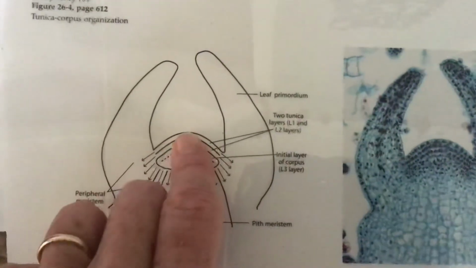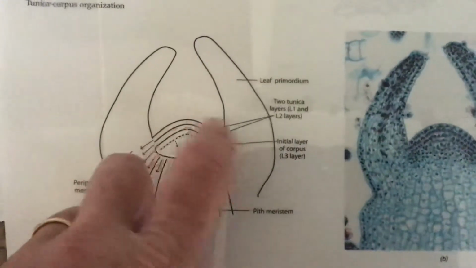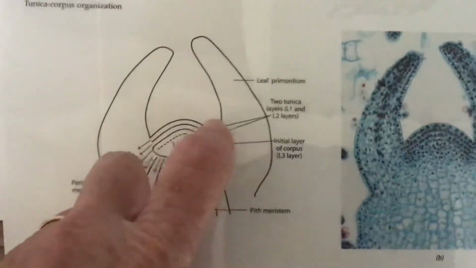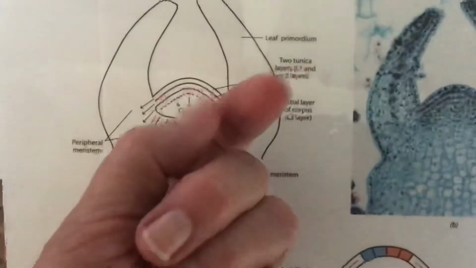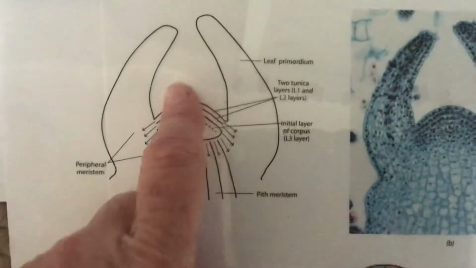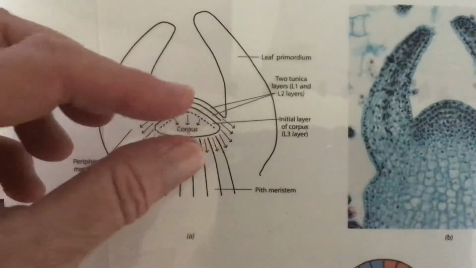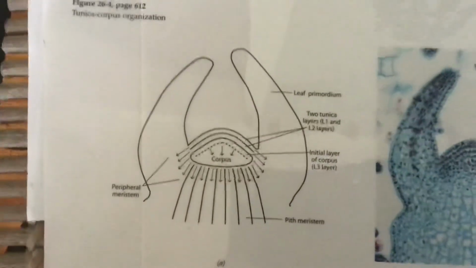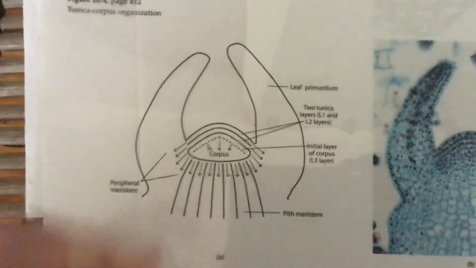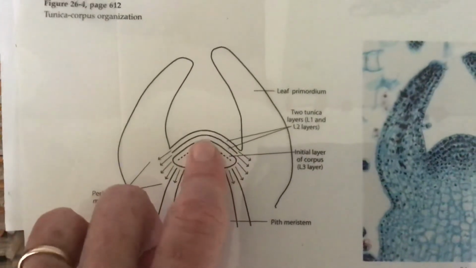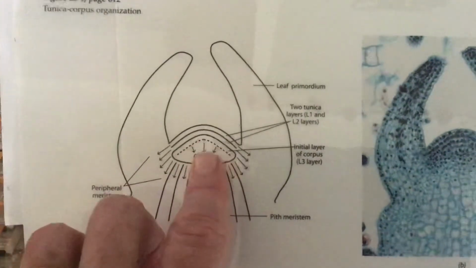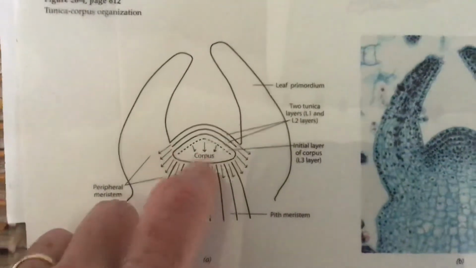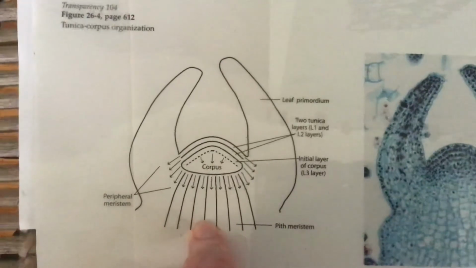In the L1 area, the cells are dividing laterally, or anticlinally, and what that means is they're spreading outward, as opposed to being laid downward and moving the apical meristem up, opposite of what we talked about with the roots. You can see that happens generally in the L2 layer too, and then the middle layer is more vertical, that is up and down, like we would expect in a plant.